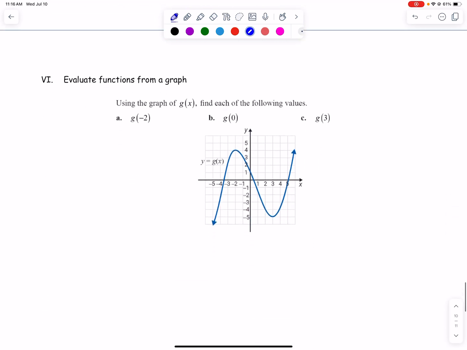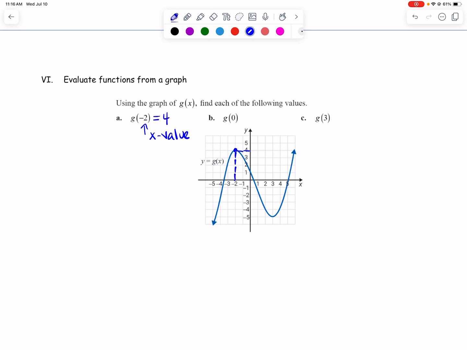All right, so now we're going to be looking at a graph, and they're going to want you to find the value of the given x input. Okay, so remember, negative 2 is your x value. Okay, so you go on your x axis and you find negative 2, and then you're going to draw a line to where it hits the graph. And so your y would be 4.